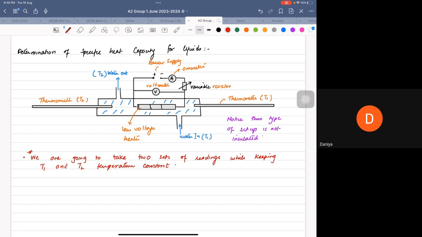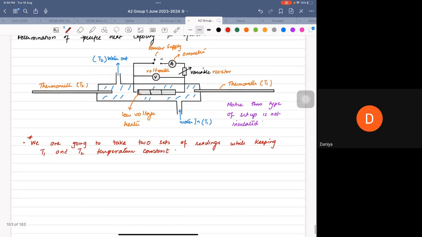Now, what is really happening in this? The total thermal energy supplied will be equal to the thermal energy gained by the liquid.